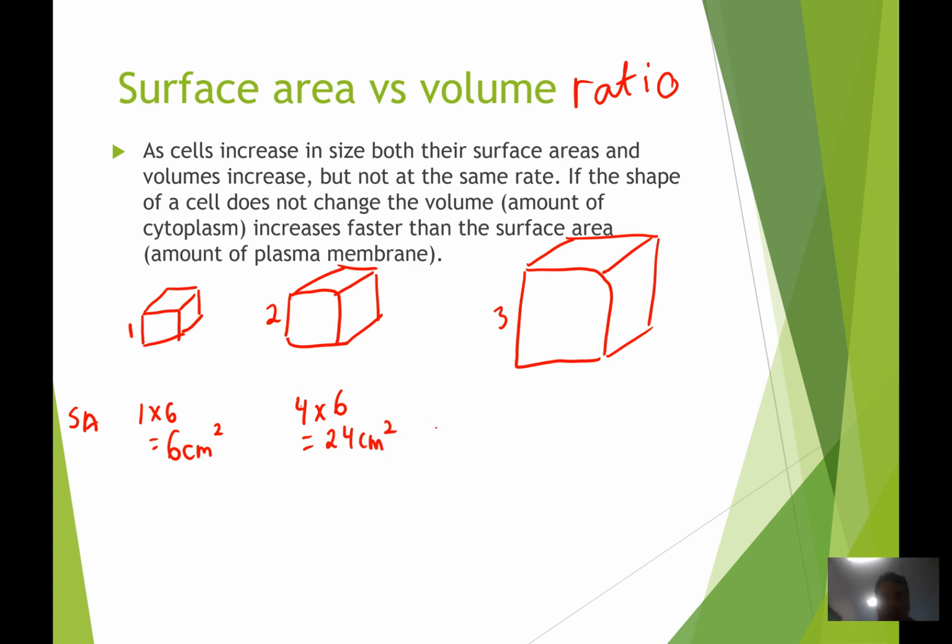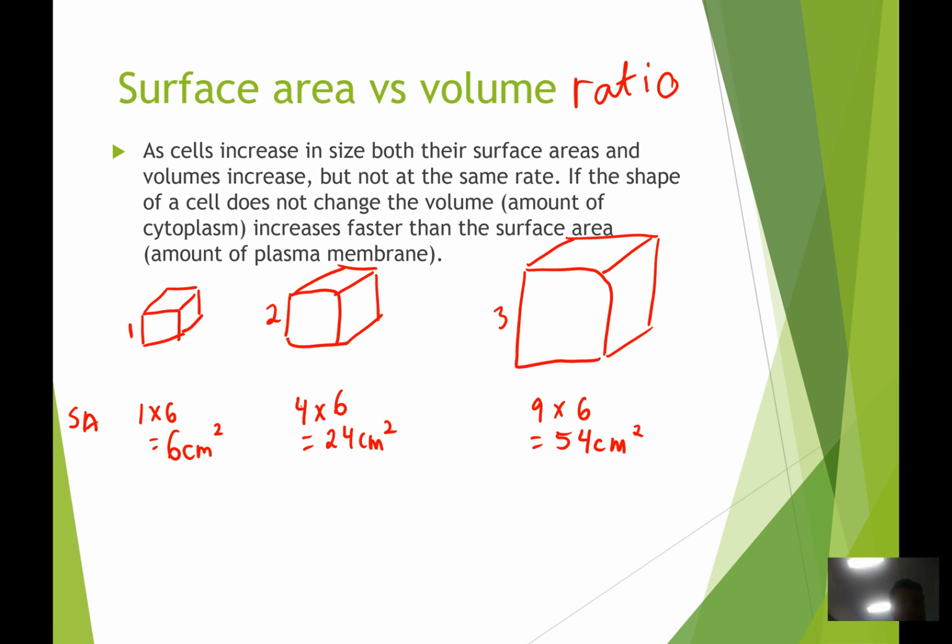And lastly, this one here, each side is 3 by 3, so that's 9, and 9 times 6 gives us 54 centimeters squared.